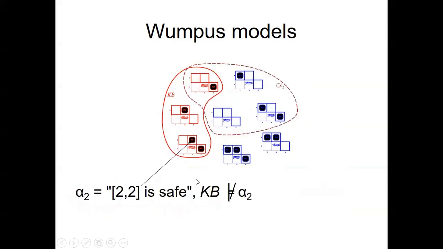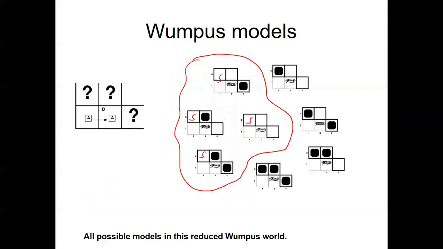Right? Let us check one more example. Here let us assume the same KB. There is no change in the KB. Now we are changing the alpha. Our new alpha, alpha 2, is 2 comma 2 is safe. What is 2 comma 2? Go to our original diagram.